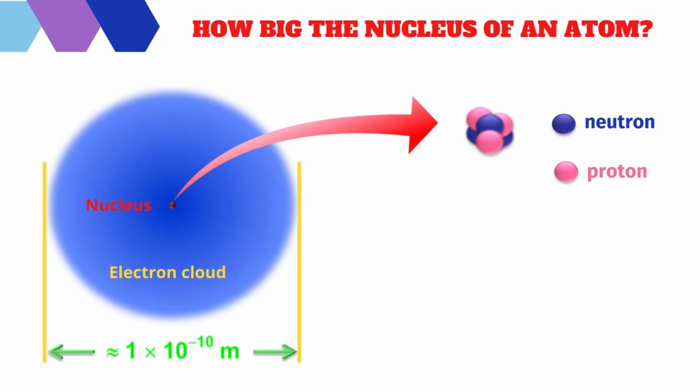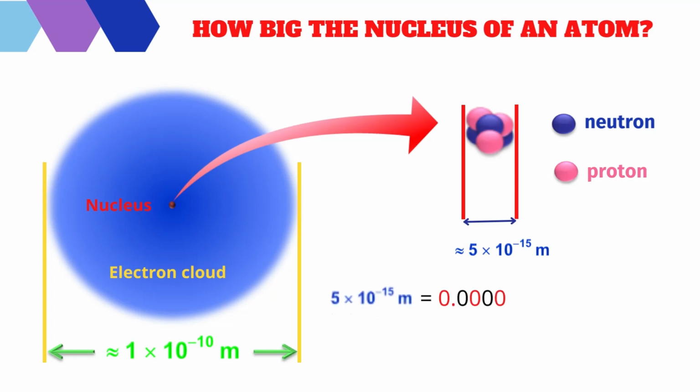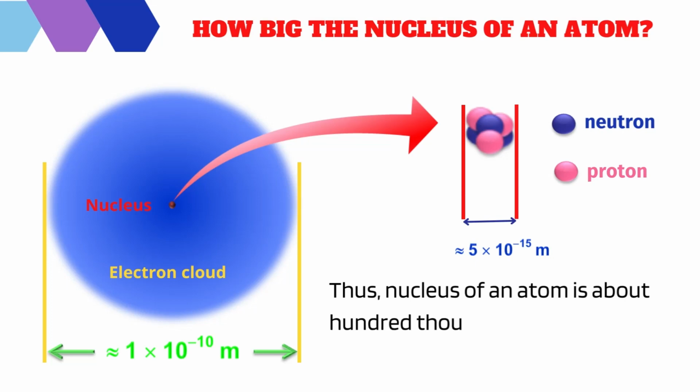These protons and neutrons are concentrated in a very, very small space of diameter 5 × 10 raised to power minus 15 meter, which is actually equal to 0.000000000000005 meter. Thus, the nucleus of an atom is about 100,000 times smaller than an atom.